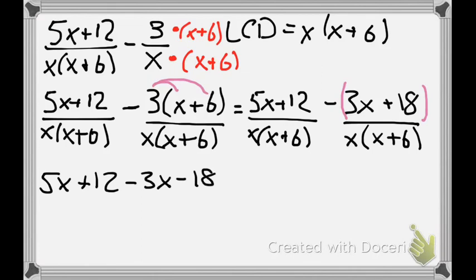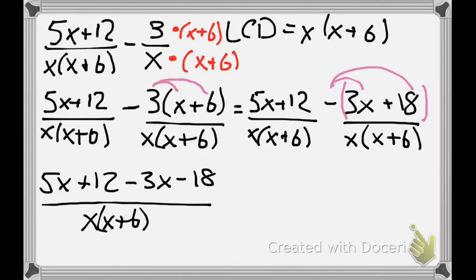Because if I look at it, I can even imagine how, okay, minus 3x minus 18. I don't want a minus 3x plus 18, right? That doesn't even make sense. We're subtracting it. And then I have x and x plus 6 on the bottom. To finish up my simplification, I have 5x minus 3x, that gives me 2x. 12 minus 18 gives me negative 6.